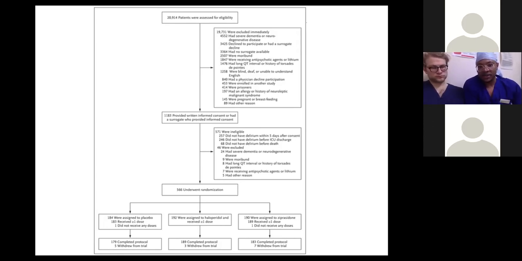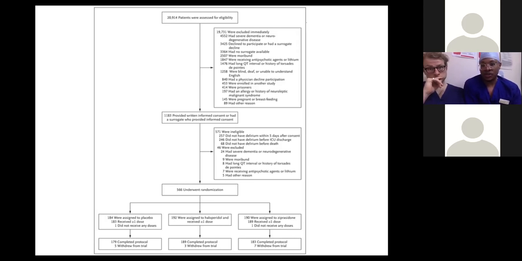Now, if we look at those 1,183 patients who could have partaken in the study, although they fulfilled the criteria, a lot of them were excluded because once you were consented into the study, you needed to have delirium within the first 5 days of being consented.